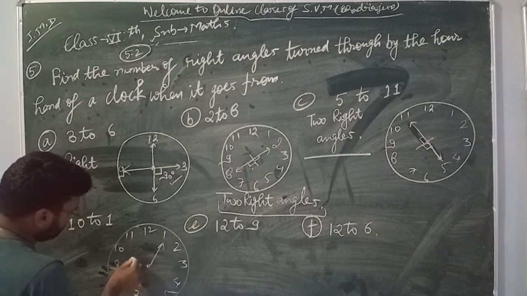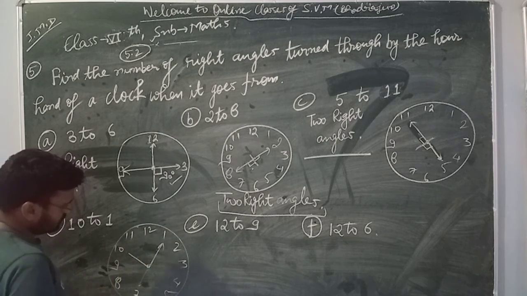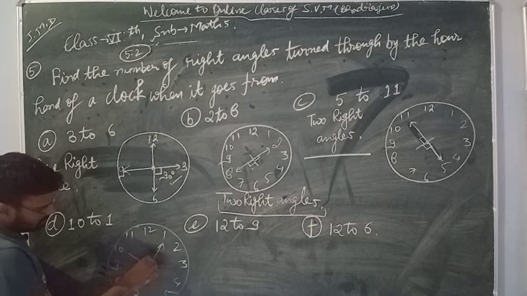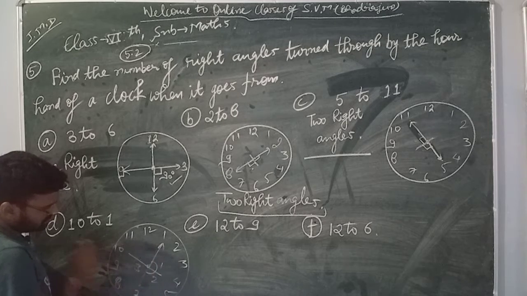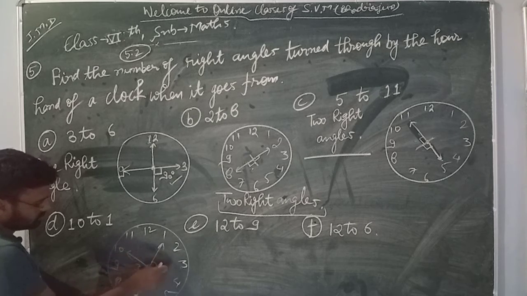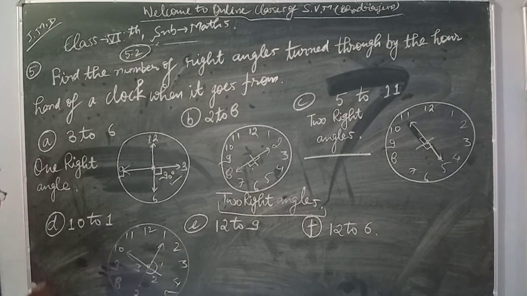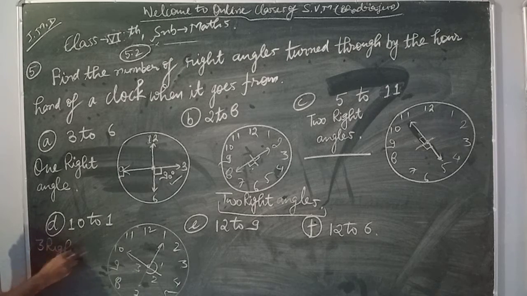Here also it is clearly visible that these are two right angles, and this is 3. When we go from 10 to 1, then we have to move 3 right angles. So our answer is 3 right angles.